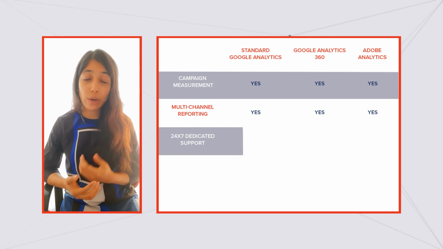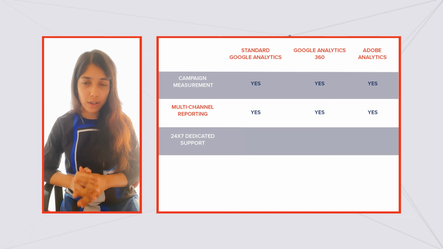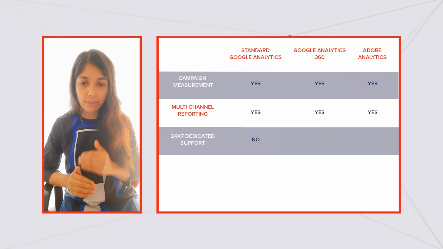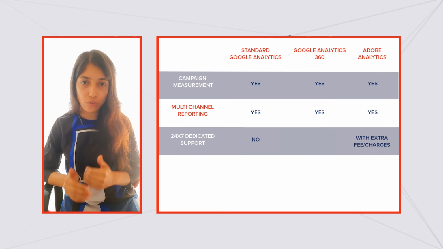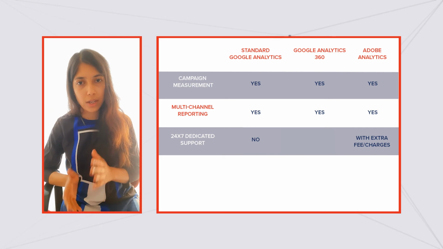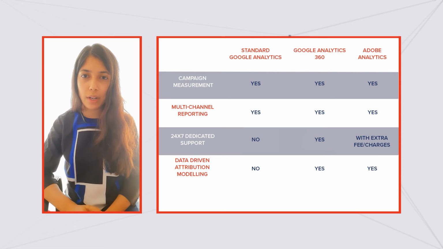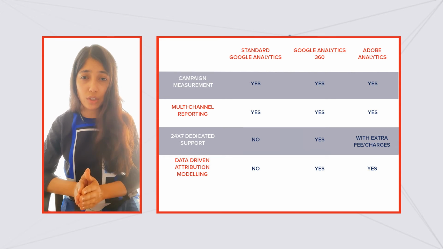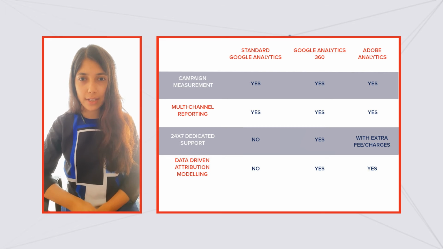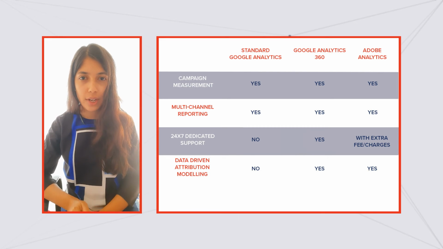When it comes to 24/7 dedicated support, Google Analytics does not offer that. If you pay some additional fee, Adobe offers 24/7 dedicated support, and so does GA360. Data-driven attribution modeling is only available with GA360 and Adobe Analytics. The standard version of GA does not offer that.